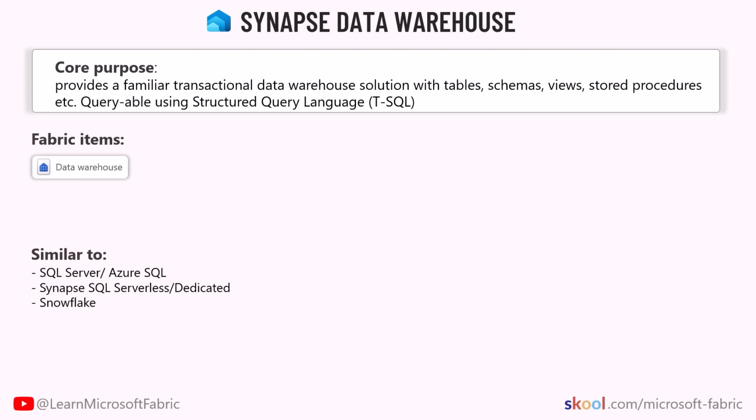But it's more similar to Synapse SQL Serverless or dedicated pools because it uses the same underlying engine, the Polaris engine. And if you're using tools outside of the Microsoft ecosystem, it's similar to Snowflake. I mean, obviously there's lots of other tools that I could have mentioned, but these are just a selection. And the main personas who might be using the data warehouse experience could be database administrators, data engineers, data analysts, those kind of people.